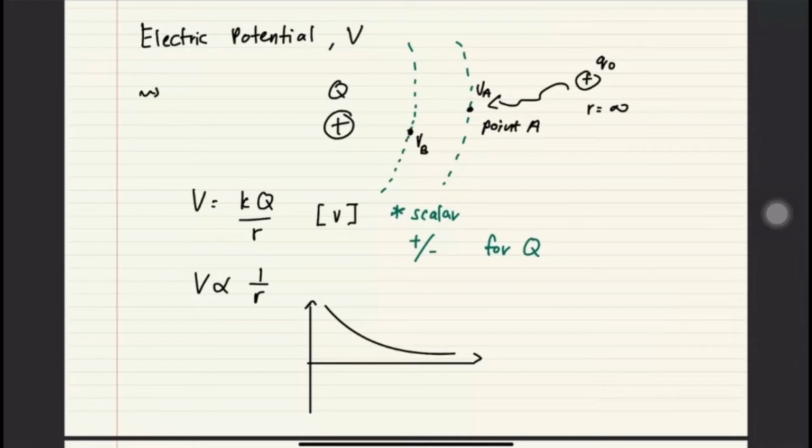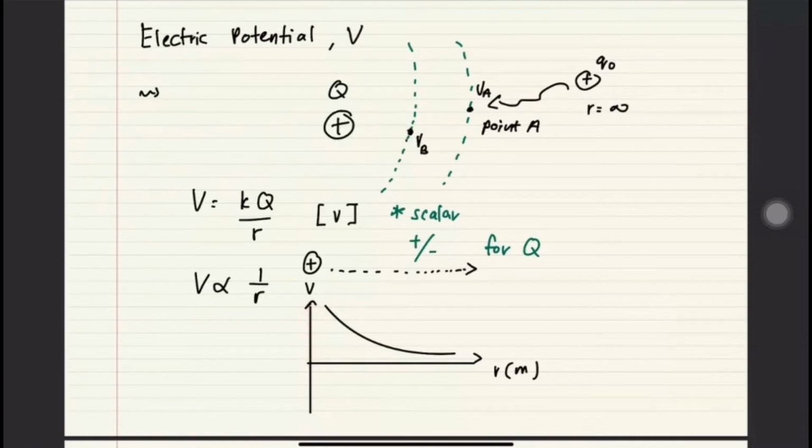As it goes further away from the charge, let's say this is the position of the charge, I label this axis with V. This is your charge here. As it goes further, you can see that the values of V are decreasing, from large to smaller.